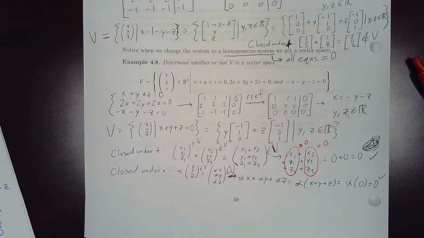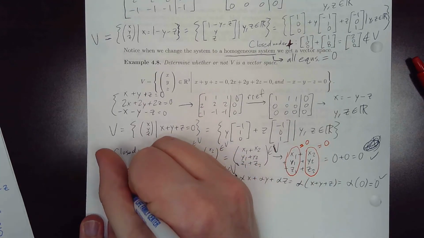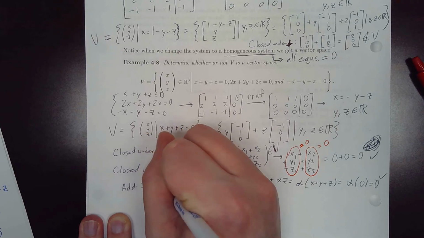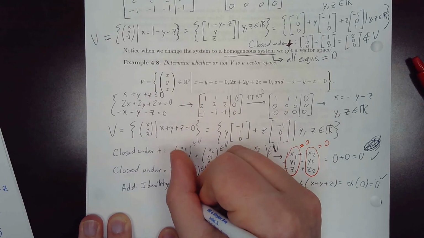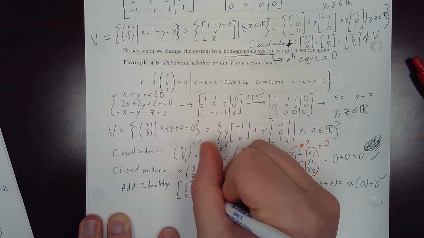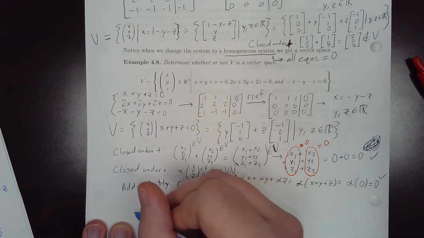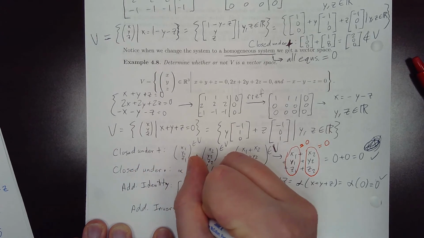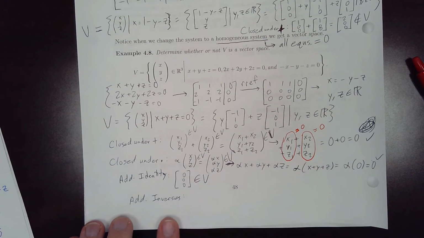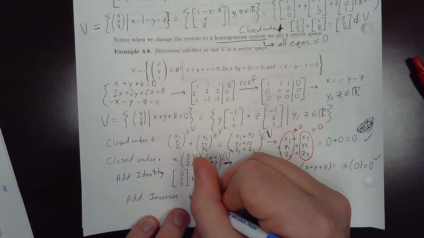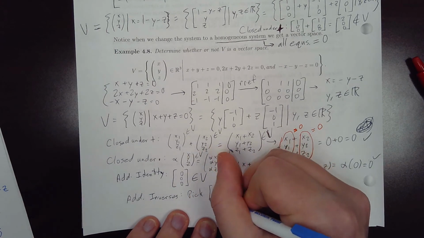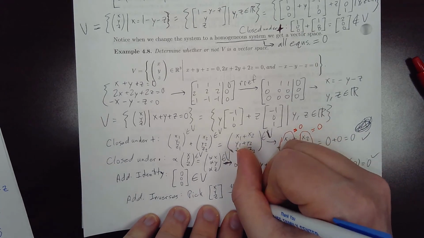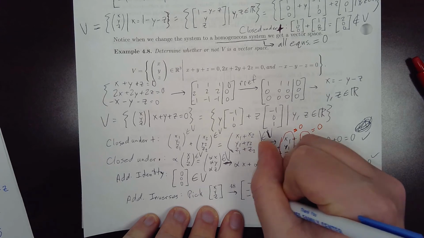So we're going to get our vector properties. We don't have to worry about those. Our additive identity is going to be 0, 0, 0, which is in V. Our additive inverses are going to also be in V. So here we have, if we pick some x, y, z to be the thing, our additive inverse will be negative x, negative y, and negative z.